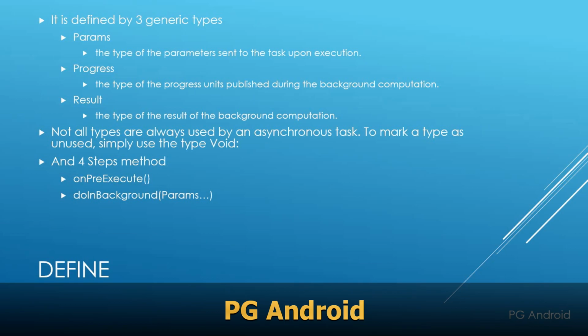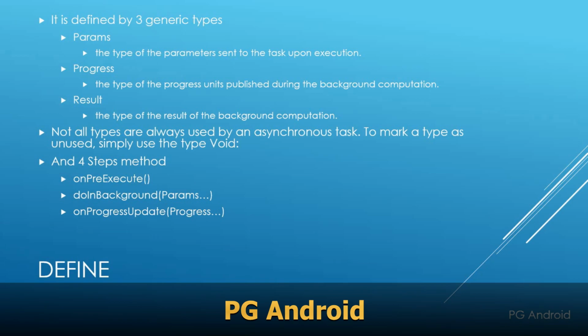In this method you may use the publishProgress method and send the unit of progress about how much of the task has been completed yet. onProgressUpdate. This method is also invoked on the UI thread after you have called the publishProgress method by sending the progress unit value.